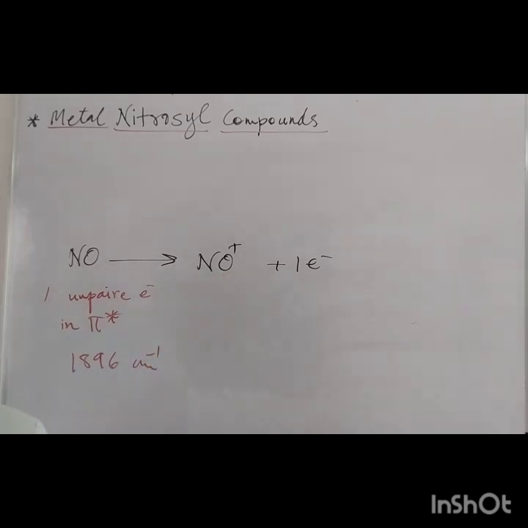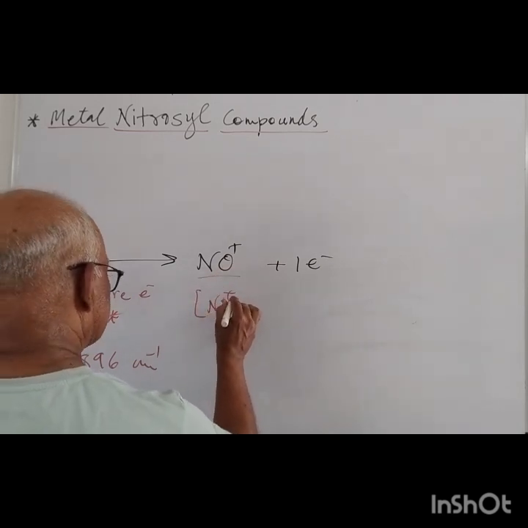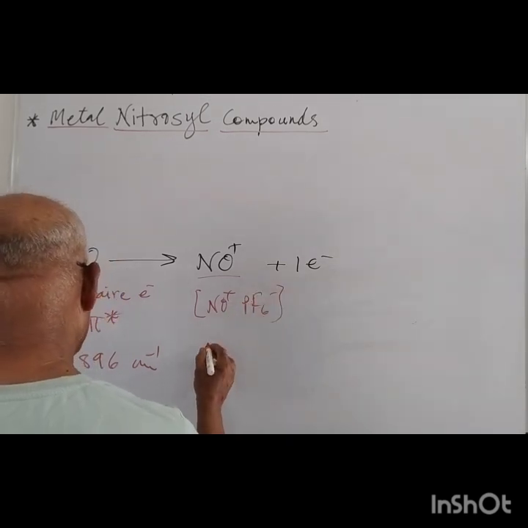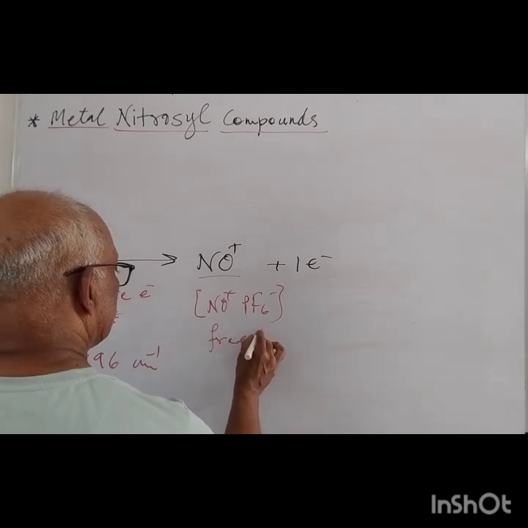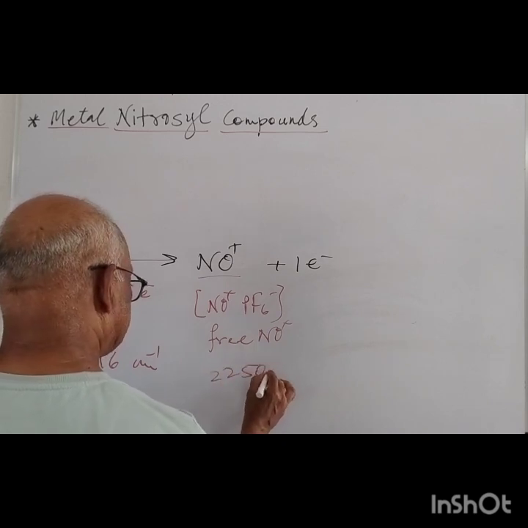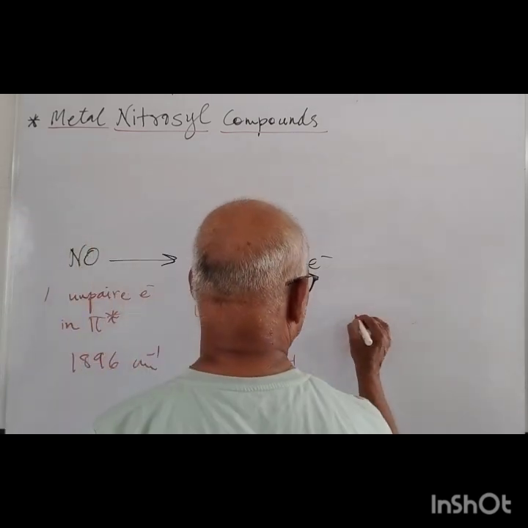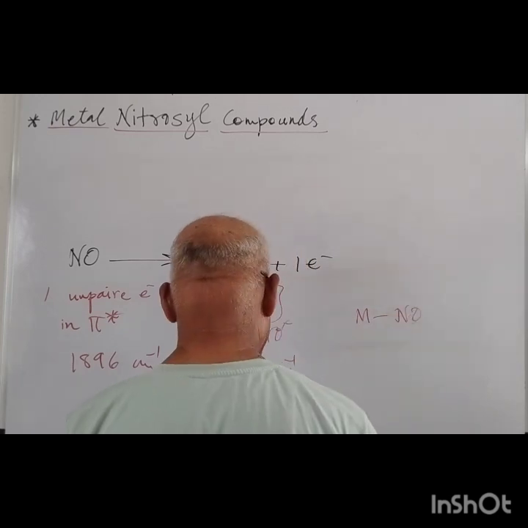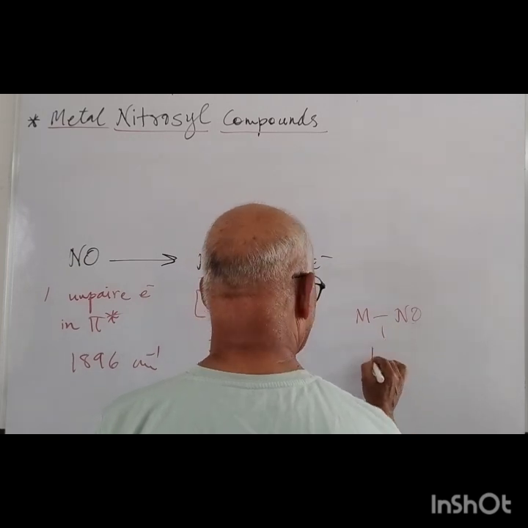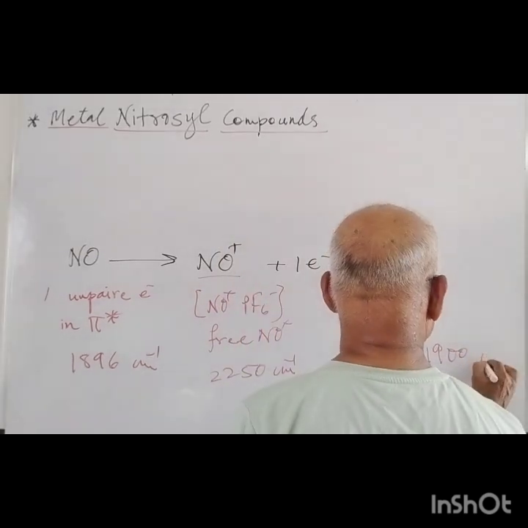In this case, it can be observed as NO plus and PF6 minus. The free NO plus has absorption at 2250 per centimeter, and the metal nitrosyl group has its stretching vibration at 1600 to 1900 per centimeter.